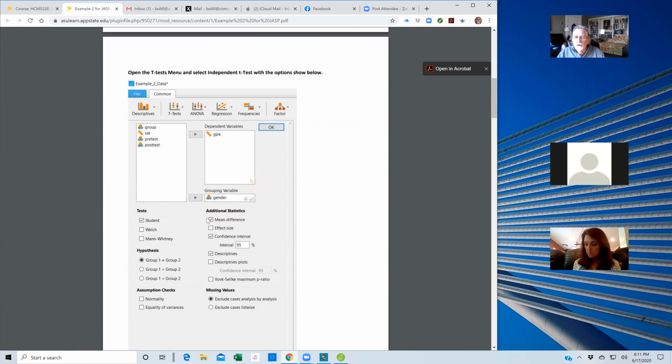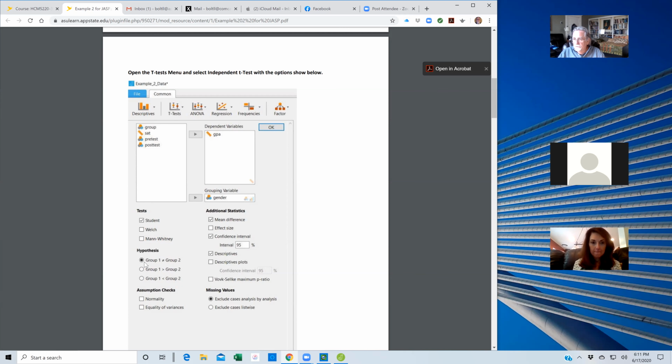There is a mean difference, which is just what it says: the difference between the two means of the two groups, because there can only be two means. And I had you click effect size, not on this example, but I think on the addendum. And then the descriptives piece gives you the means and standard deviations and that sort of stuff.